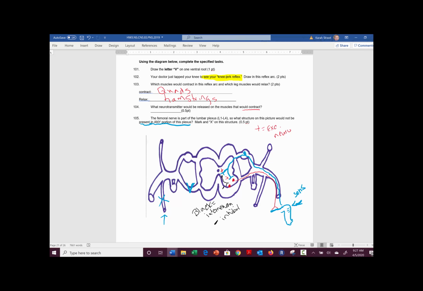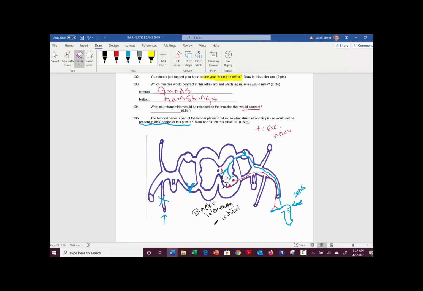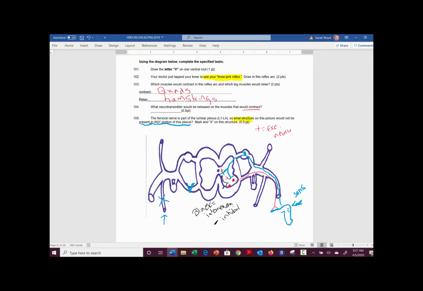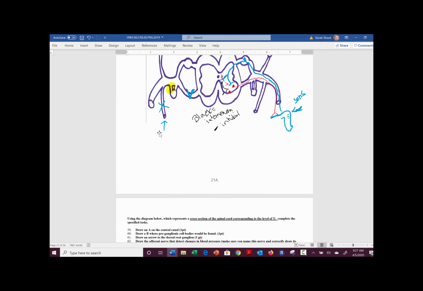So it says, did not read carefully enough, and this is always a hazard, as we know, for even students. What structure on this picture would not be present in any portion? Well, again, for L1 to L2, the white ramus would be there. So I'm not crossing it out. I'm highlighting it to say, yes, it would be there for at least a portion of it. But the pelvic splanchnic nerve certainly would not. Okay.